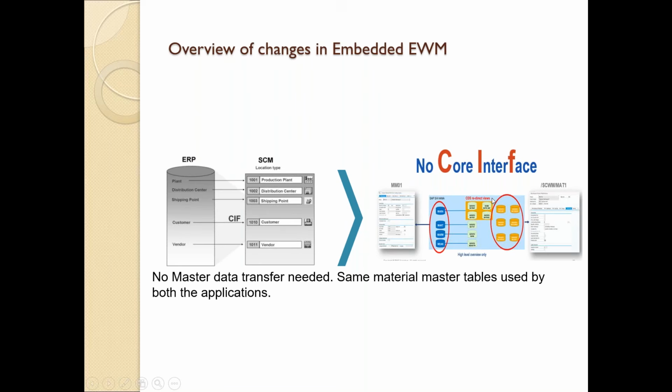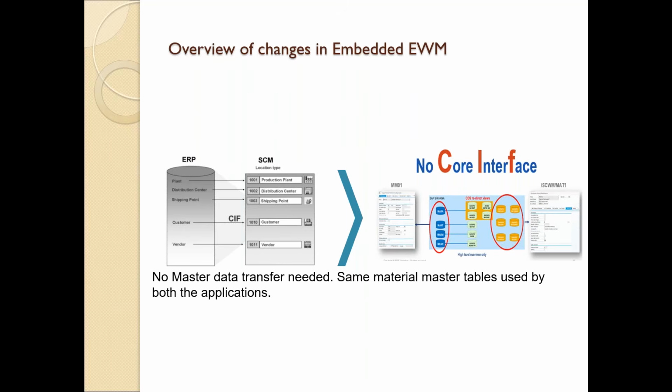That's the reason we'll be having no core interface for transferring this data. We will be having two sets of data. One is your transactional data. The other one is your master data. So transactional data will come as your deliveries, like what you said, Naga, and the other one is your master data. We will be using two different models. One is your integration model, the other one is your distribution model, which we will see in much more detail when we go into the sessions.